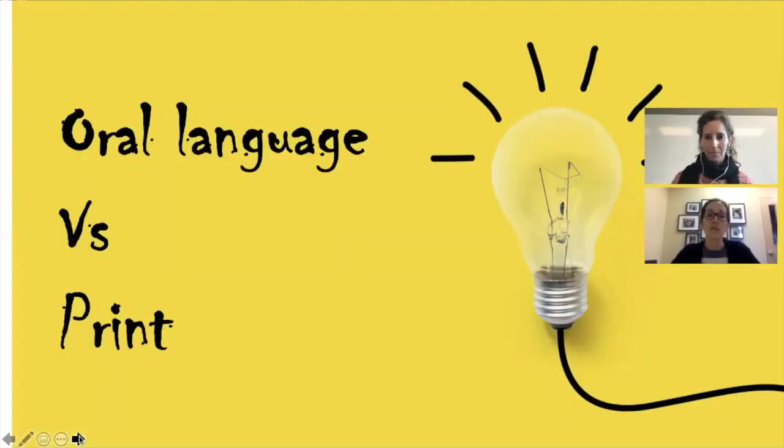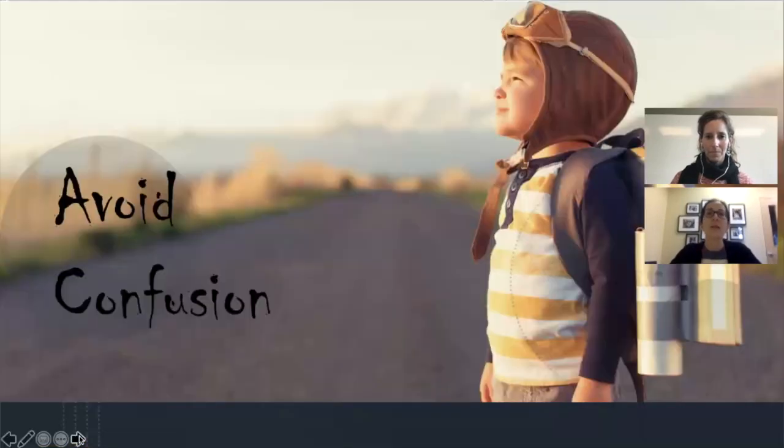So to illustrate this, I'm just going to imagine this. One of your students has a great weekend. They talk to grandma on the phone for like an hour. And Monday morning, they're writing in their journal about what they did, and they get to the word phone, and they're not sure how to spell it. So they go up to the word wall that you might have in the classroom, and they're sounding out the word to themselves, phone.